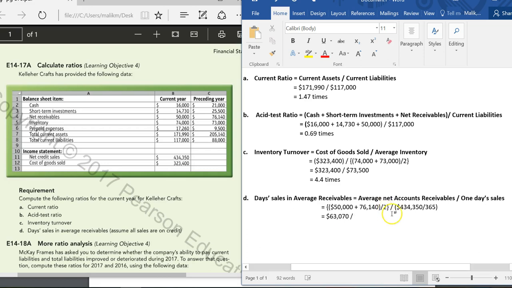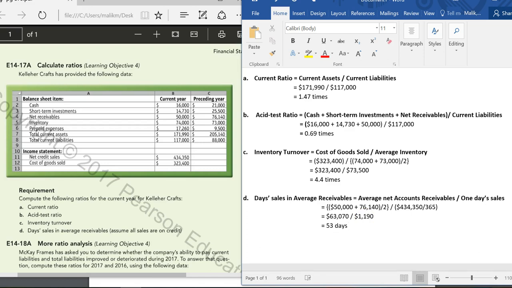Now the bottom part, your 1 day sales: your total sales, 434,350, divided by 365. What I got is 1,190. This is my average daily sales. Now if you divide the numerator by the denominator, I found 53, and the result is in terms of days.